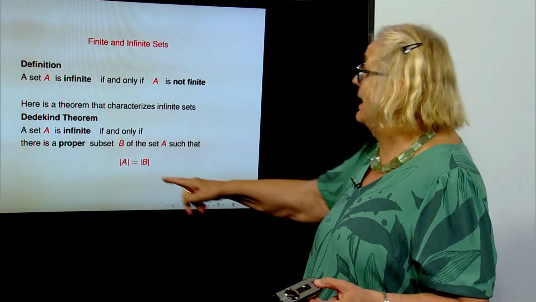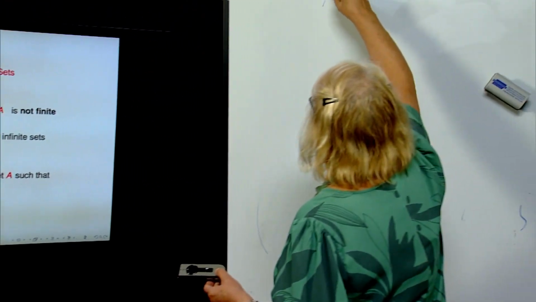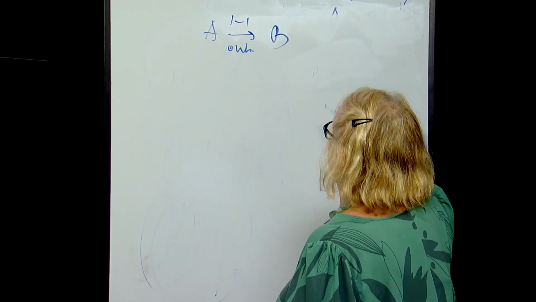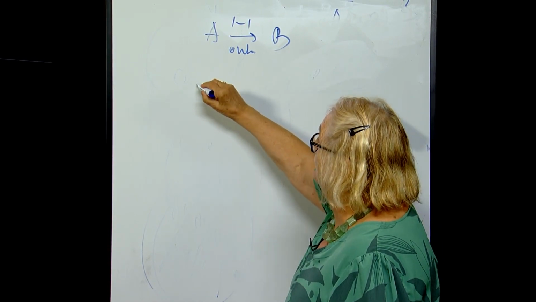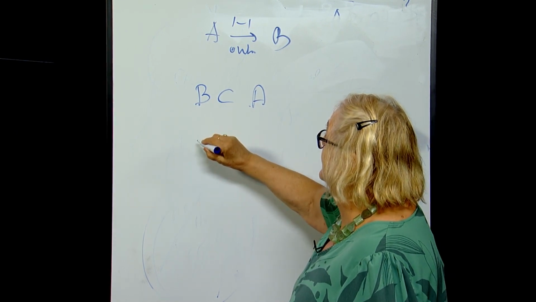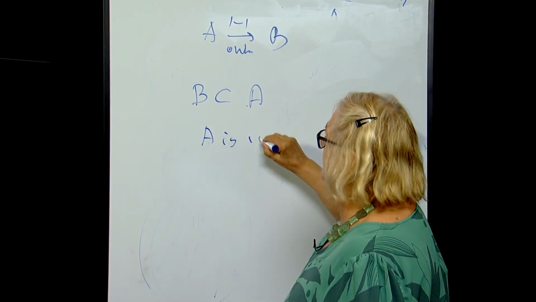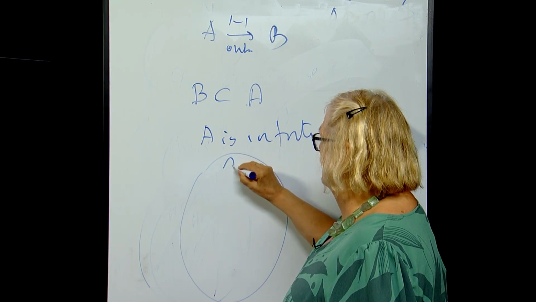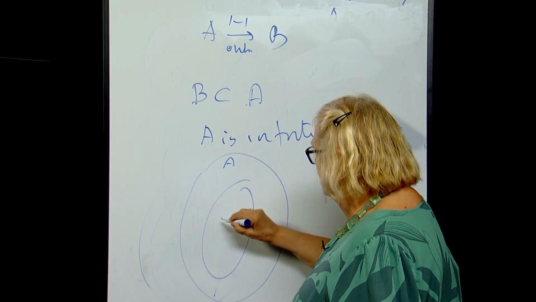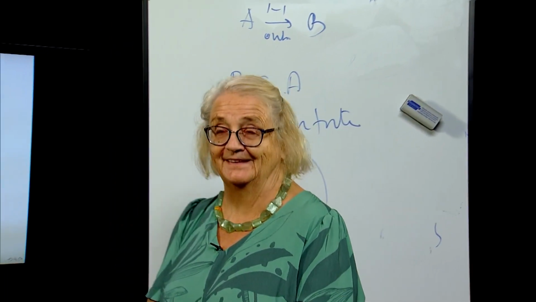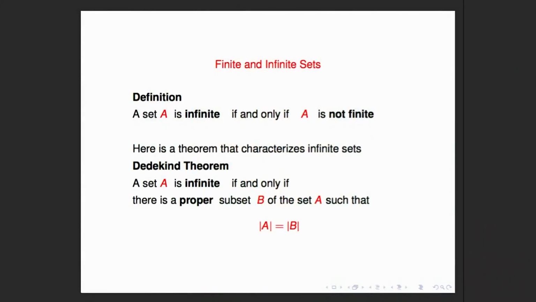It means you can map A one-to-one onto B, where B is a proper subset of A. Then you say that A is infinite. It means you can map the whole set into its proper subset B. And we'll have the Pigeonhole principle, which says that you cannot do it for finite sets.